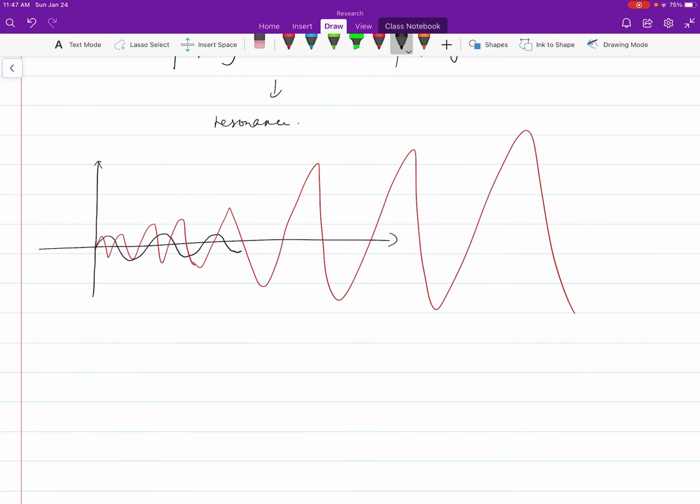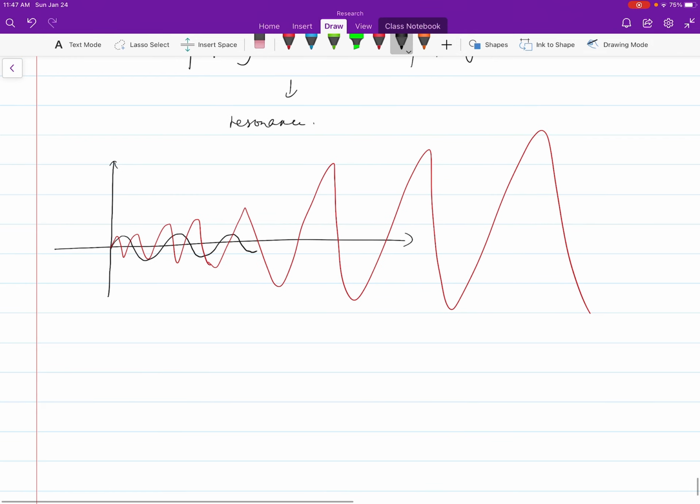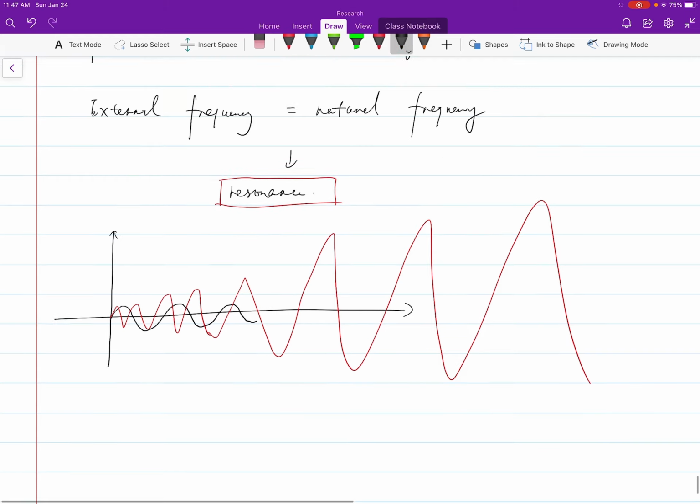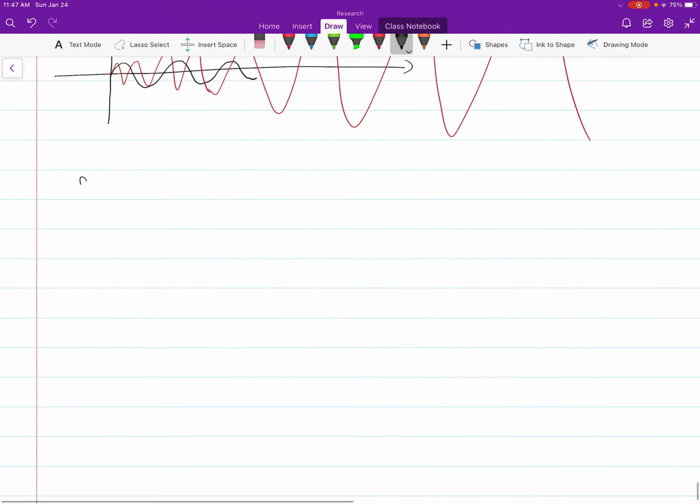The sound barriers, the shake of the bridge when you have an earthquake, when you have people even walking on it, when the frequency matches, and also when you receive signals from a radio, we're all exploiting the effect of resonance. Some examples are like the sound barrier. When you try to build supersonic airplanes, this is something you will be worried about.